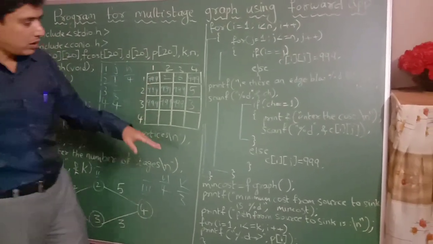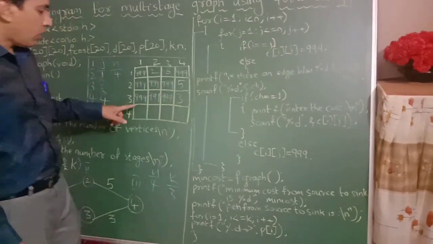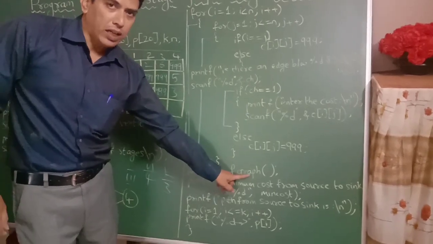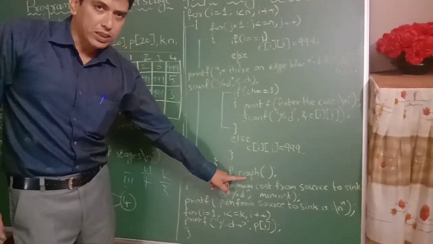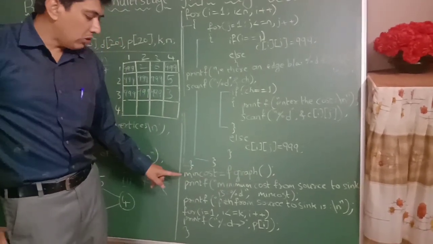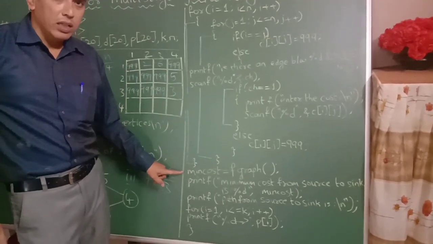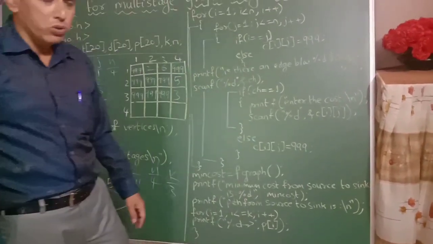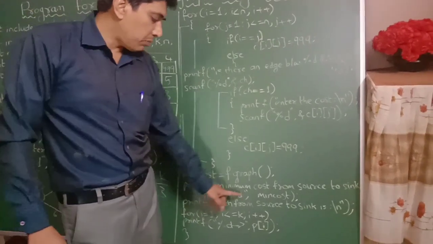Okay, so after reading all the values, I am going to call a function called fgraph, right? This fgraph function returns the minimum cost path. That value of the minimum cost path will be stored in the variable called mincost. Then I will say printf minimum cost from source to sink is %d.